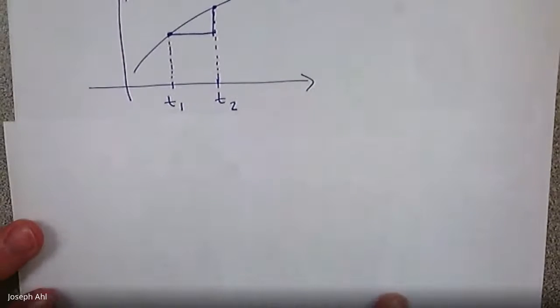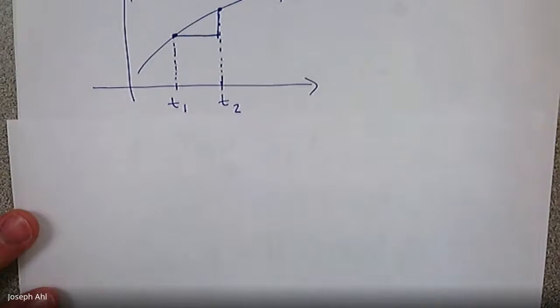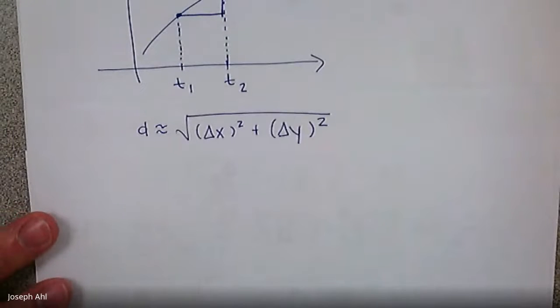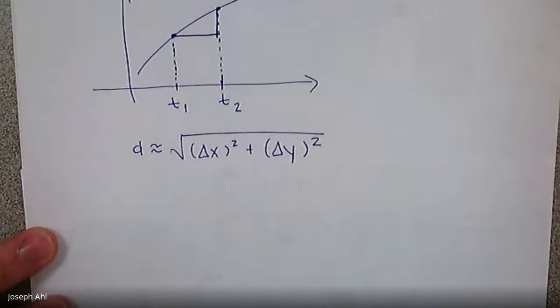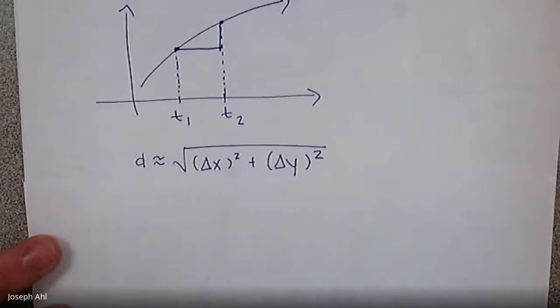It's going to have a very similar feel to what we have up at the top in rectangular form. We know that distance is approximately the change in x squared plus the change in y squared. But this change in x and change in y have to be with respect to time, because x and y are defined in terms of t.